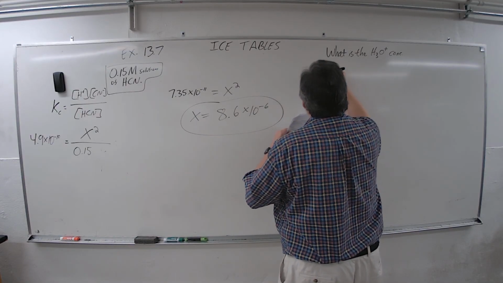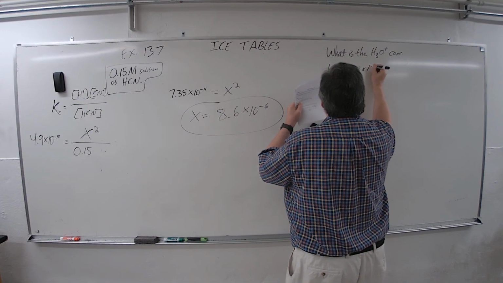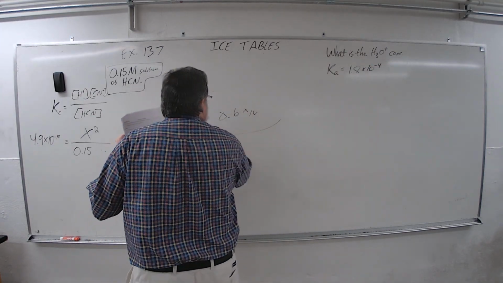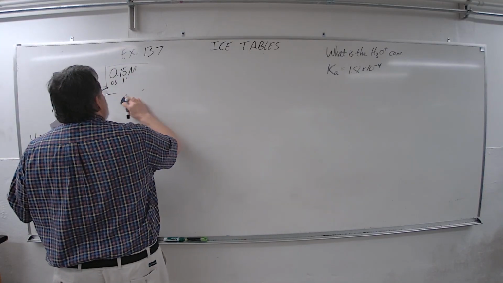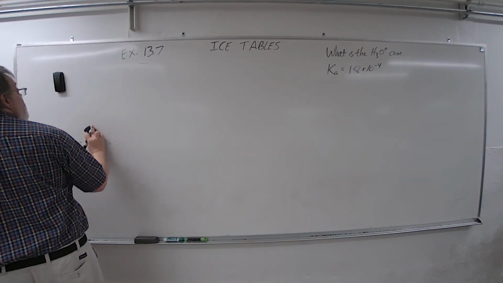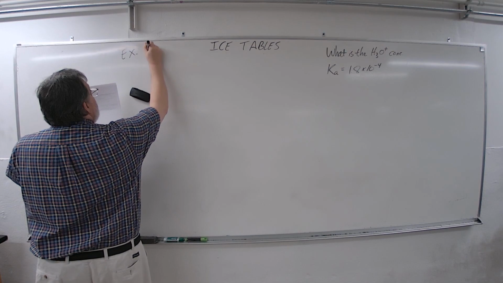Here we have Ka 1.8 times 10 to the negative 4. And our equilibrium, this is 14.12.